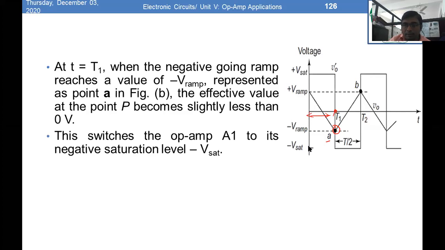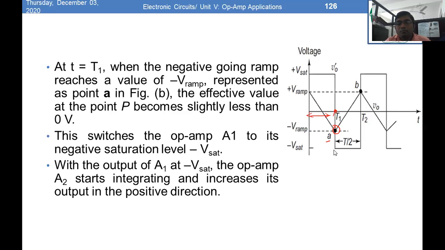So the output of A1, the first stage op-amp, reaches minus V set, and at that moment the op-amp A2 starts integrating and increases its output in the positive direction.